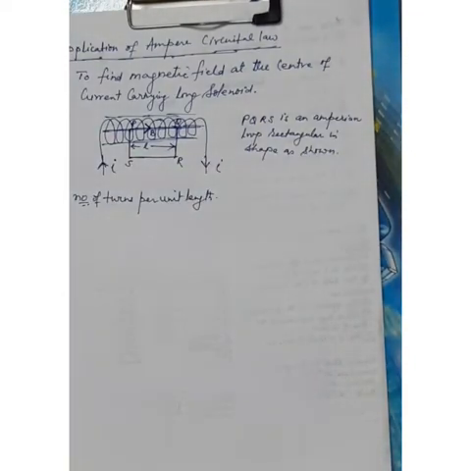Okay. Now we have to apply Ampere's circuital law for the current enclosed by this Amperian loop, which is rectangular in shape. Okay. Now we have to write Ampere's circuital law.